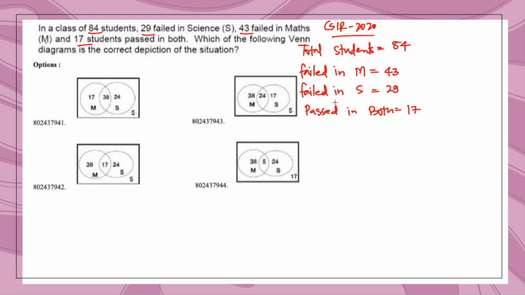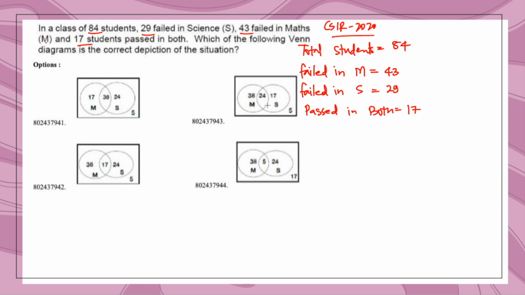So these are 17 such students who have passed in maths and also in science. If I remove these 17 students from the total, all the other students are those who have either failed in maths, or failed in science, or failed in both of them, right?